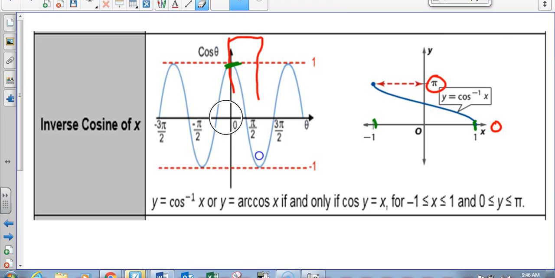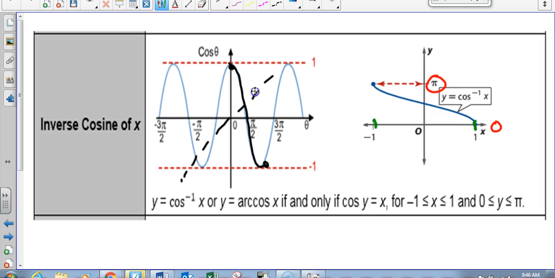That's a good question. When I take this, and I reflect it across this line, this value goes over here.